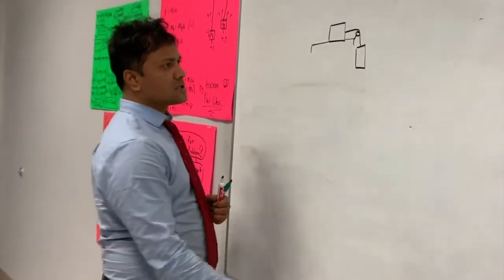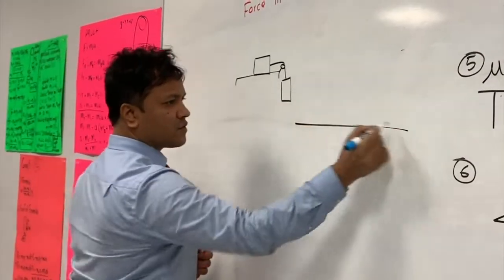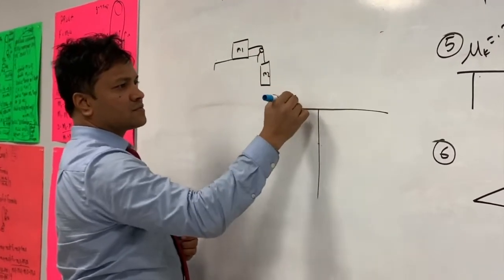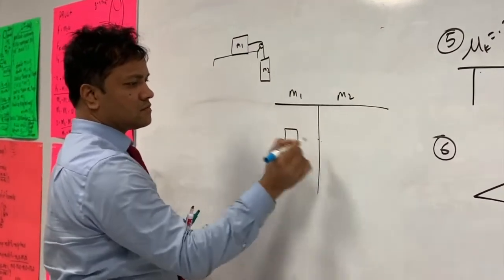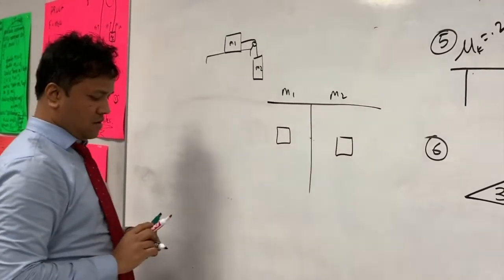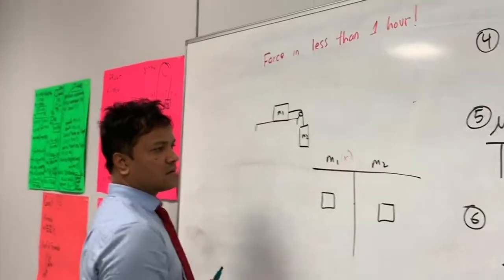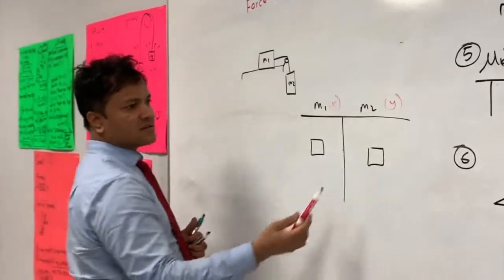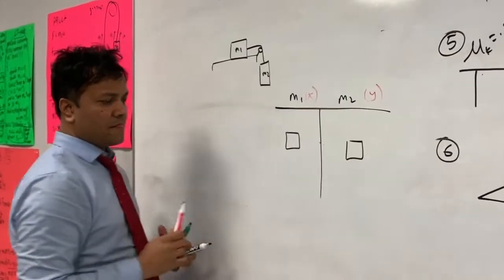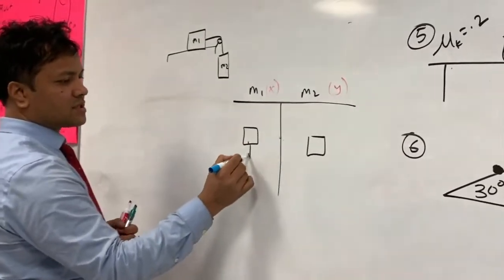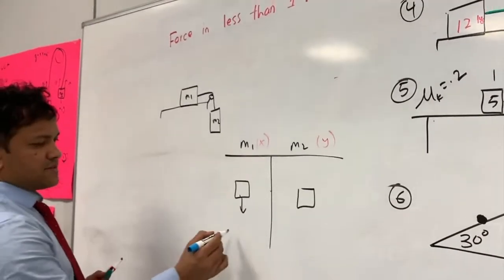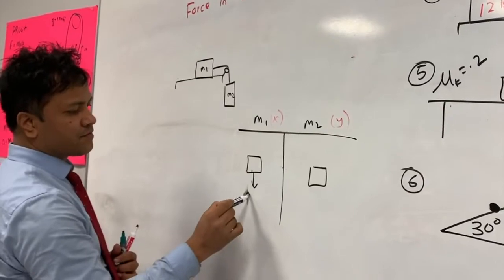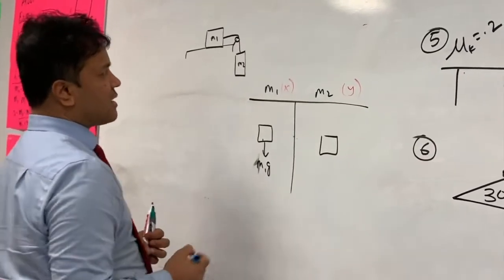Okay? So now let's do the force diagram before we do anything. This is M1, this is M2. M1 in the x direction, M2 in the y direction. Why? Because this is accelerating in the x direction, and this is accelerating in the y direction. So this one has to be Fg, to be more accurate, M1g.